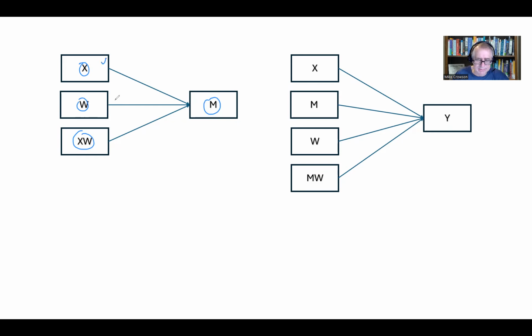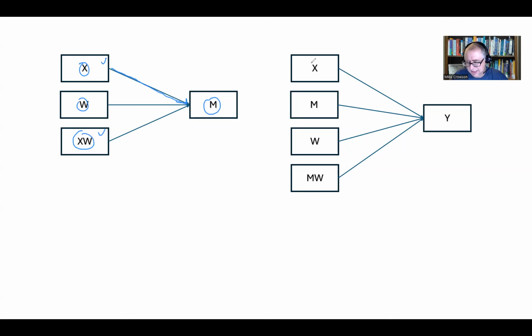So the effect of X on M, because we are including W and mainly the interaction term, is essentially saying that this effect varies across levels of the moderating variable.